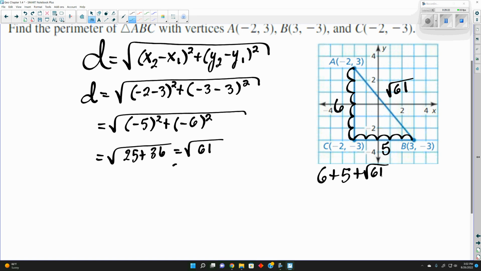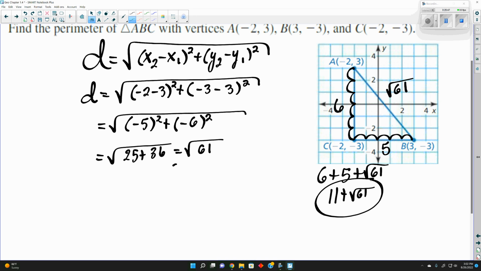Now, if we want to add these all to get one number, we're going to have to change the square root of 61 into a decimal, because that's the only way we can add them together. Now, 6 plus 5 is what? We have 11 plus the square root of 61. That's an answer.